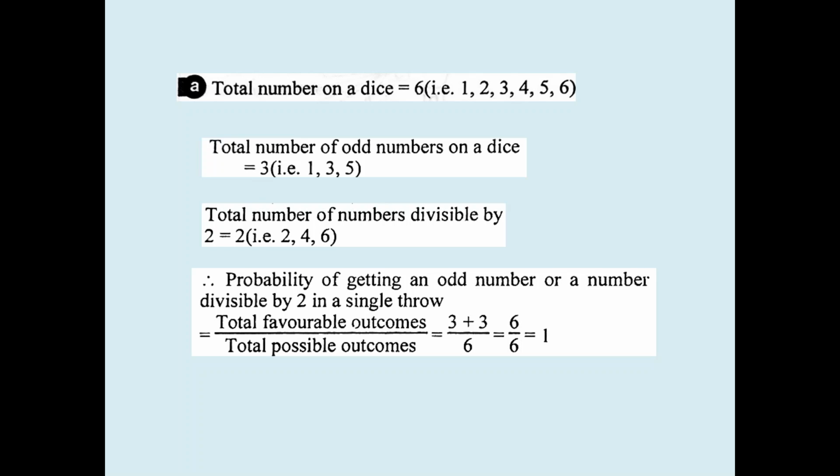That is 2, 4, 6. Therefore, probability of getting an odd number or a number divisible by 2 in a single throw equals total favorable outcomes divided by total possible outcomes. That is 3 plus 3 by 6. That is 1.